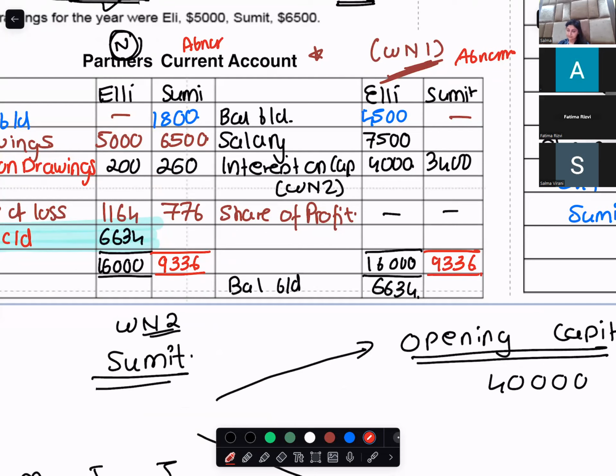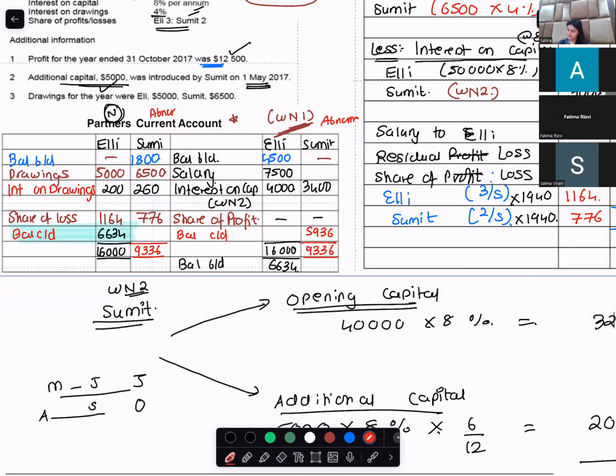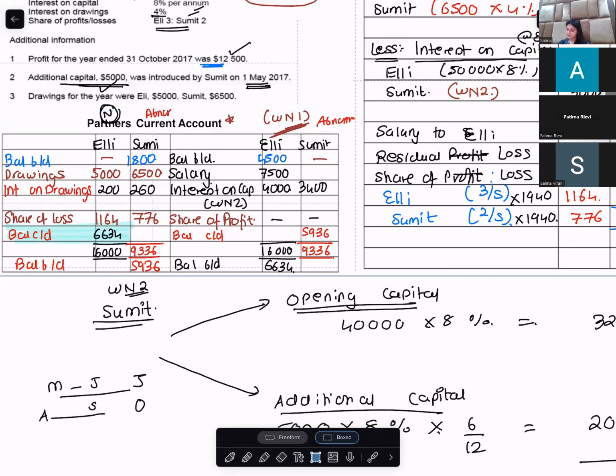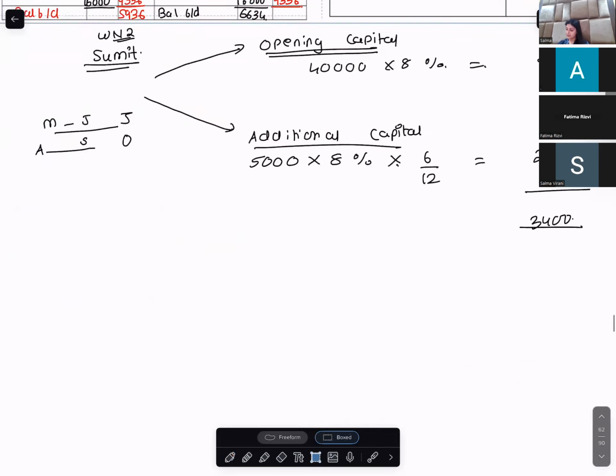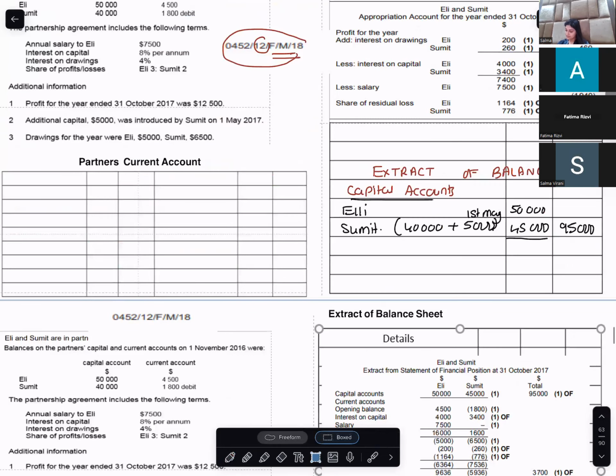Minus 3,400. So it is 5,936. Balance carried down and balance brought down. Are you with me? Yes, miss.